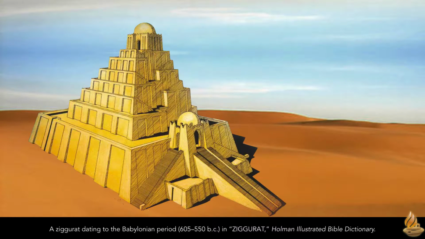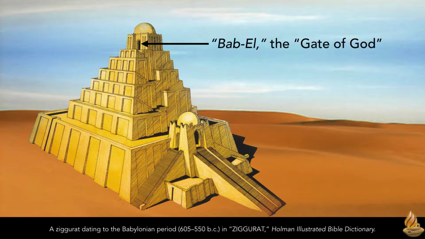Unlike the pyramids of Egypt, ziggurats had no interior, nor any funerary function. They were simply hollow brick structures which were then backfilled with dirt or sand before being capped. The cap, or cupola at the very top, is the Babel, or Gate of God, the place where the god was thought to appear to be with his people.